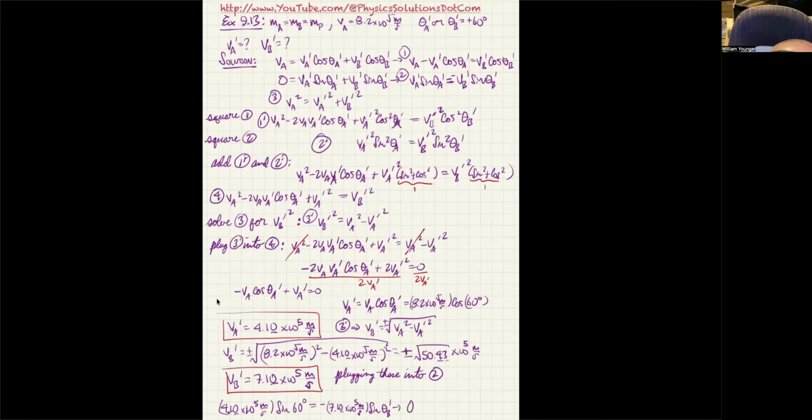That implies theta B prime is going to be equal to the inverse sine of the sine of 60 times 4.1 over 7.1.